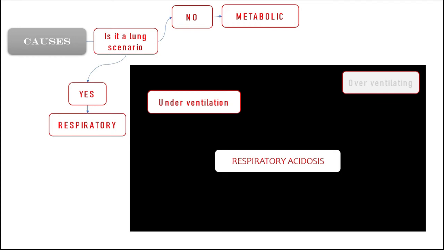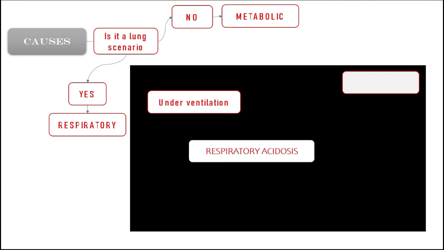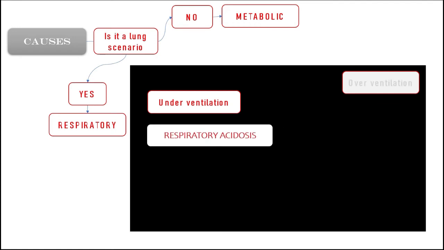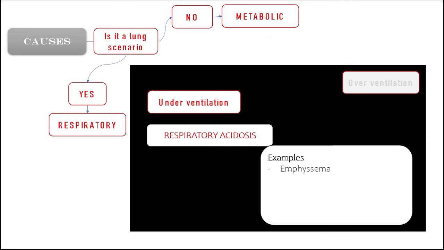And since this is of respiratory origin, it causes respiratory acidosis. It is seen in emphysematous patients, drowning, pneumonia, and ventilated patients whose ventilator settings are set too low. It can also be seen in patient-controlled analgesia pump toxicity.